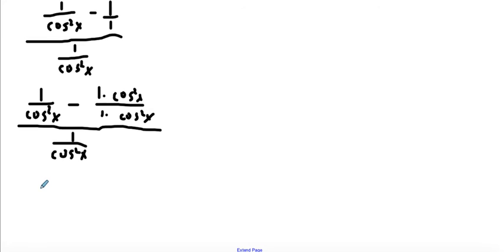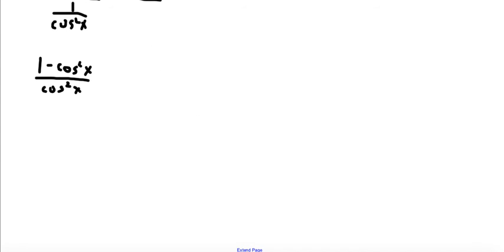So up there in the numerator, I get 1 minus cosine squared x over its common denominator of cosine squared x. And then divided by 1 over cosine squared x.